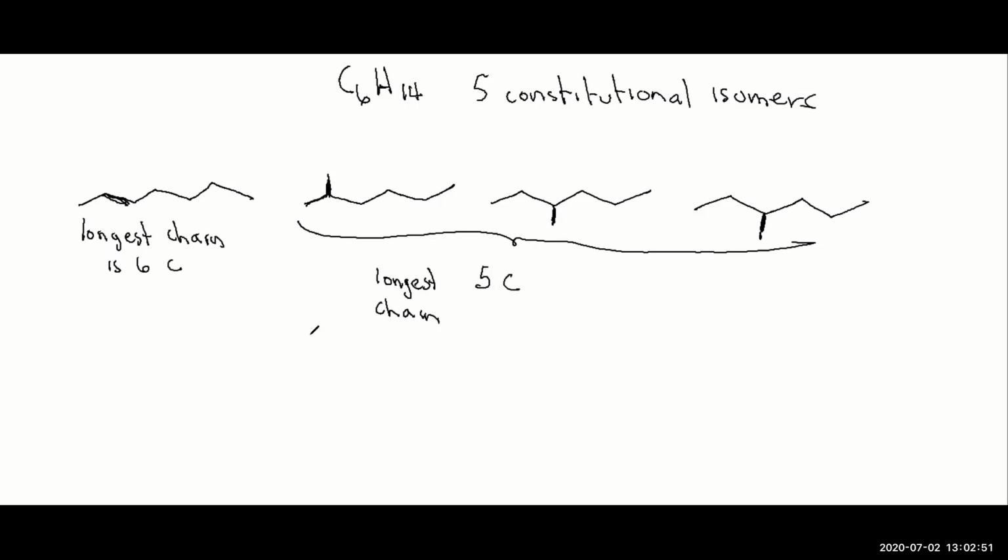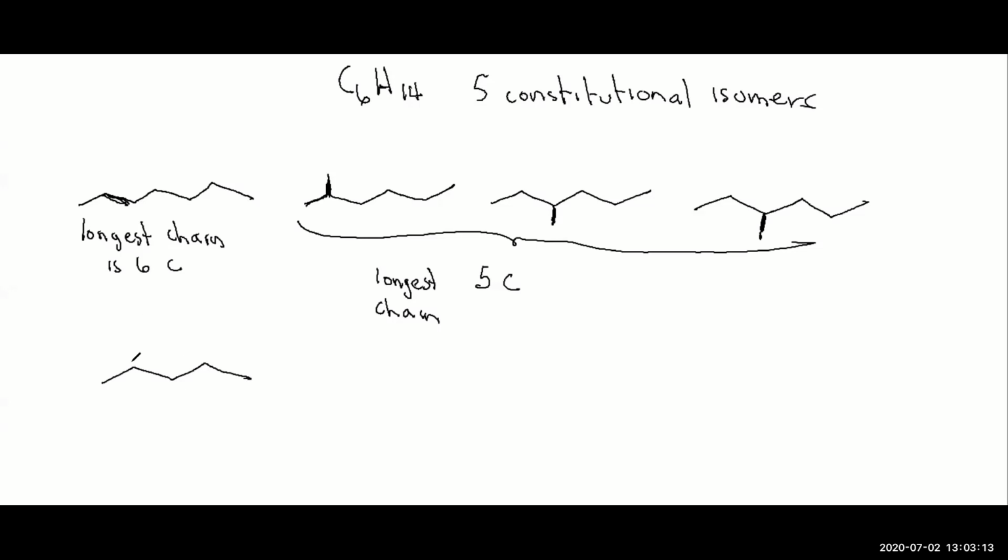Now, what if we have a chain that's 4 carbons? Like this, 1, 2, well, we've got 1 too many. So we have 4 carbons, and we have to find a way to add 2 carbons. And we know they'd have to be branches.